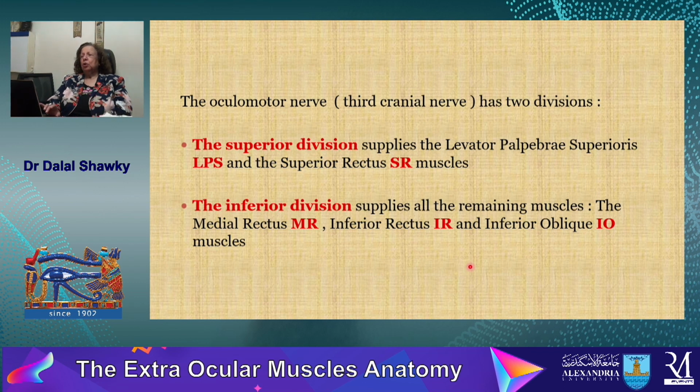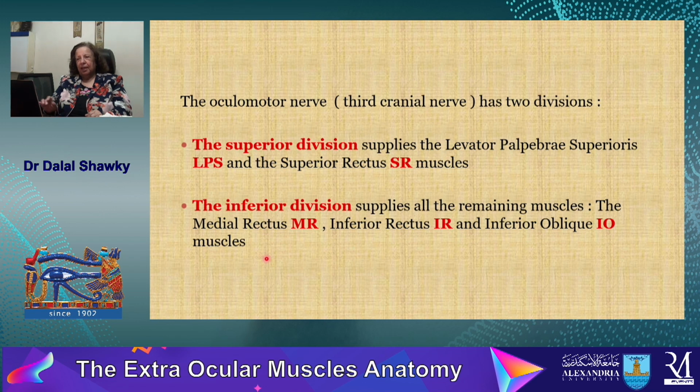The oculomotor or 3rd cranial nerve is divided into 2 divisions. The superior division supplies 2 muscles, levator palpebrae superioris and superior rectus. The inferior division supplies all the remaining muscles: medial rectus, inferior rectus, and inferior oblique.